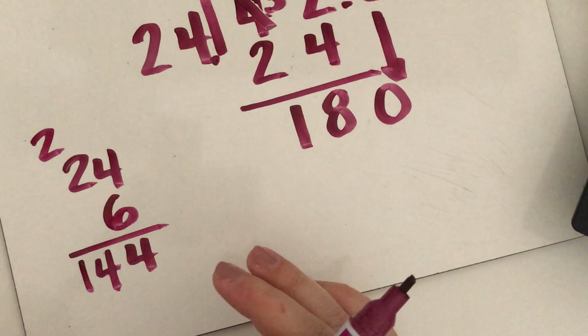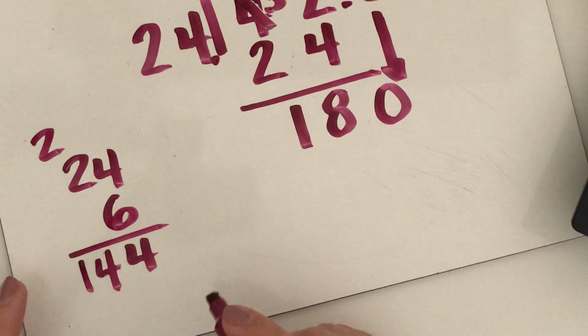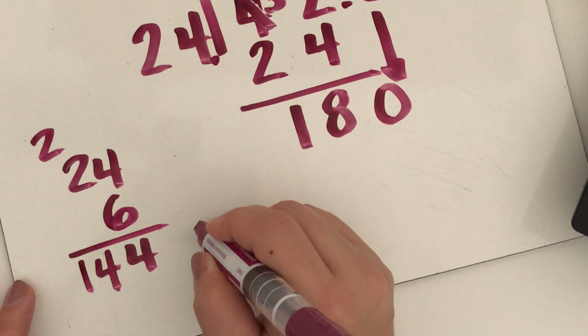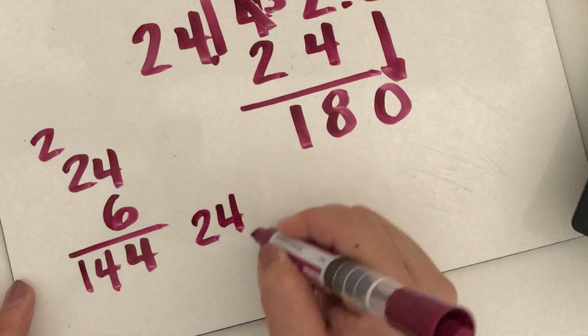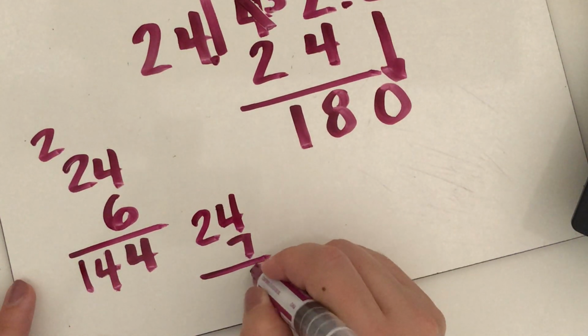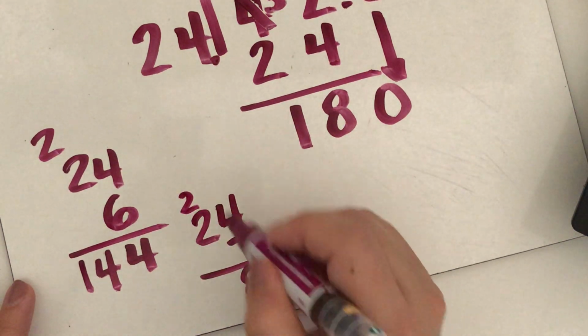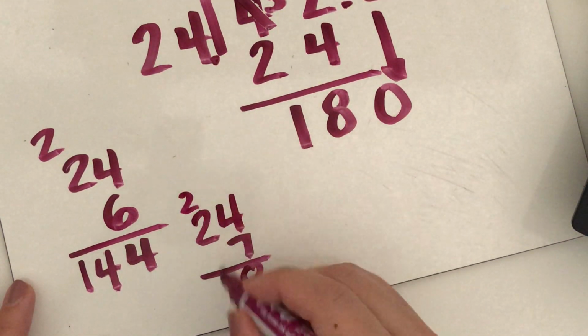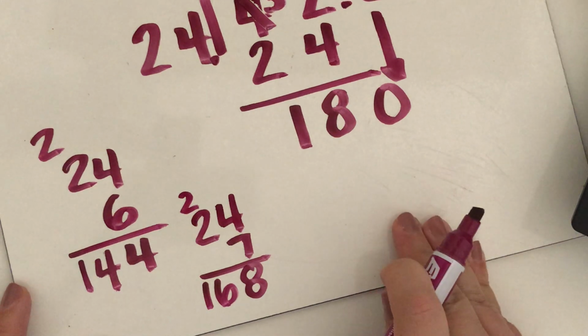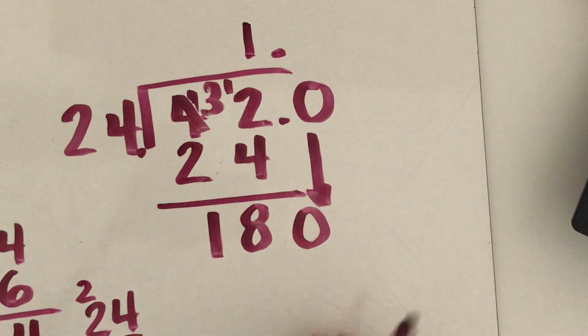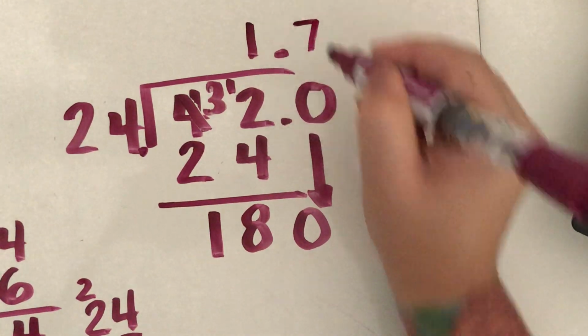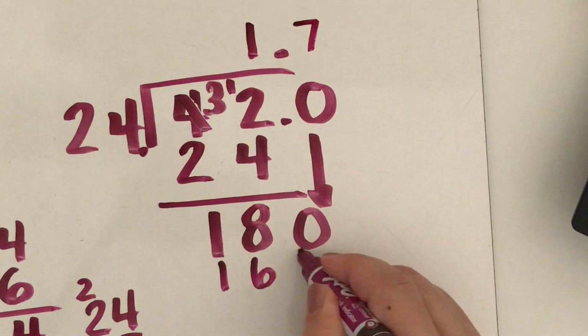I feel like I can still do more. So why don't we go ahead and do 7? That's going to give me 28, sorry. And then 14, add 2 more, that gives me 16. That looks a little bit closer to me. So I'm going to put 7, and I have 168.